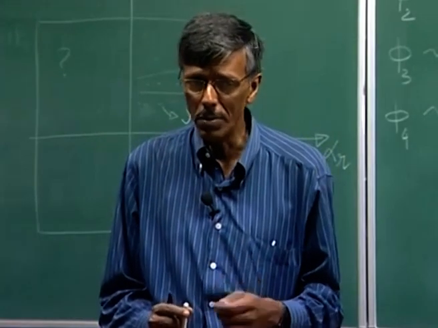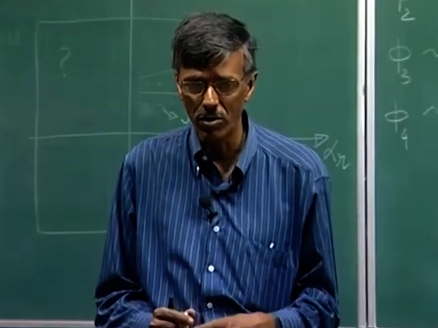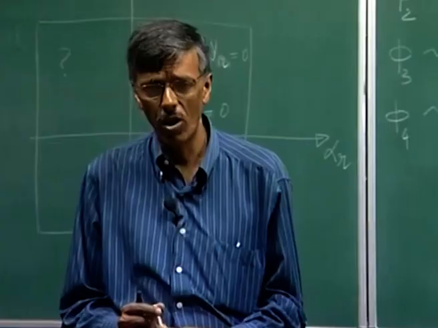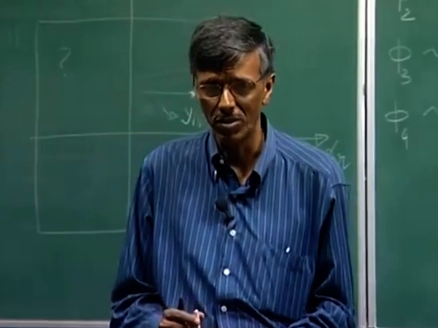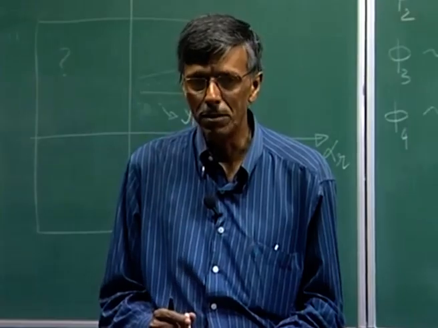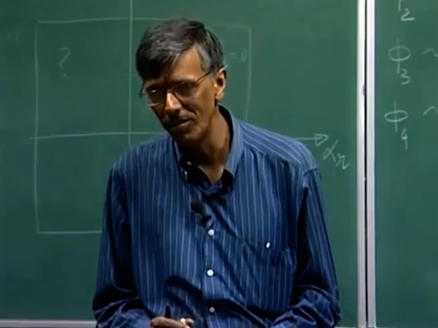So, coming back to the thread, I was just telling you that we cannot a priori guarantee that always the upstream propagating waves are going to be damped. It depends on the health of the mean flow.